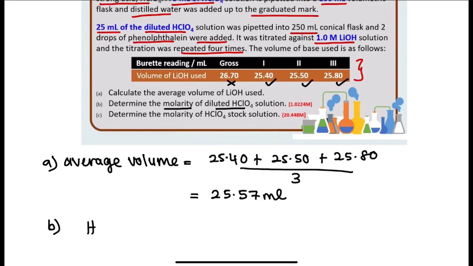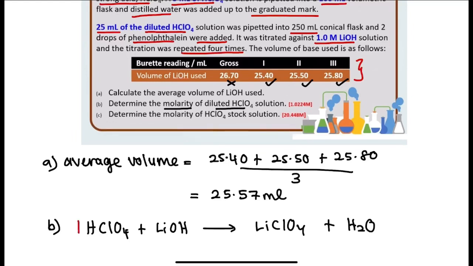Thus, you have acid reacting with your base to produce salt, which would be LiClO4 and water.